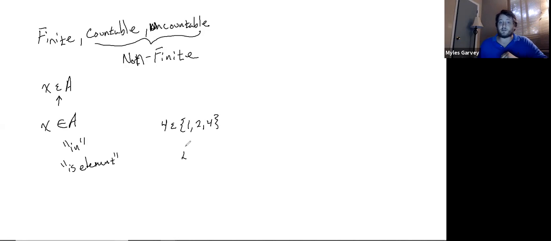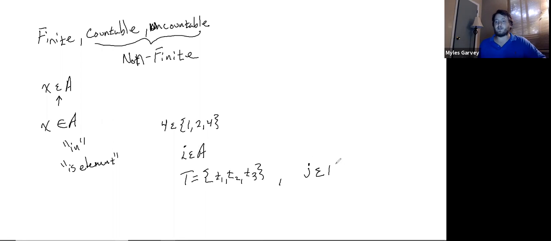So if we write the statement I is in the set A, we're saying that some variable I is equal to some element that's in A. For example, I could consider the collection of all trucks, where I have truck 1, truck 2, and truck 3. If I make the statement J is in the set T, then I know that J is equal to T1, or J is equal to T2, or J is equal to T3.